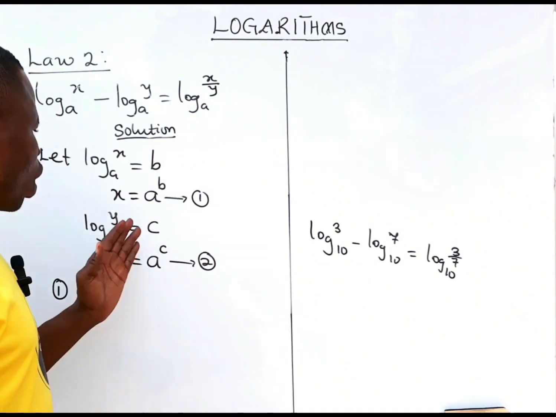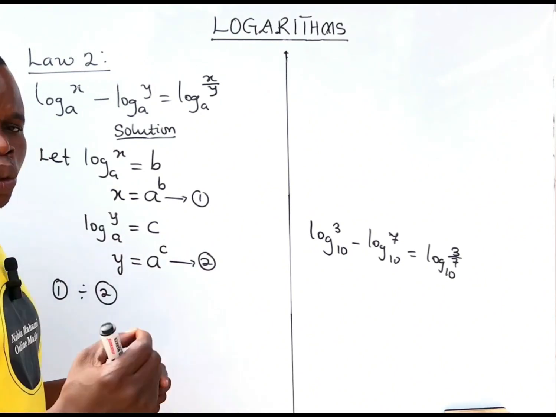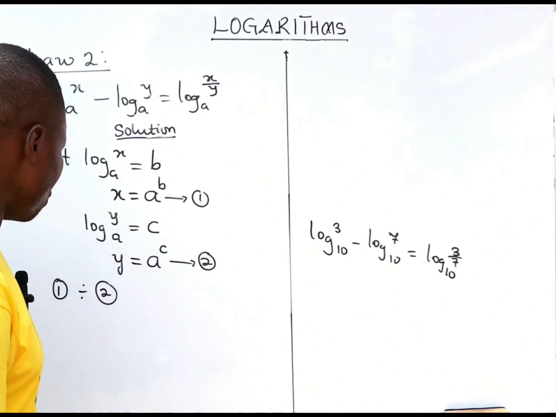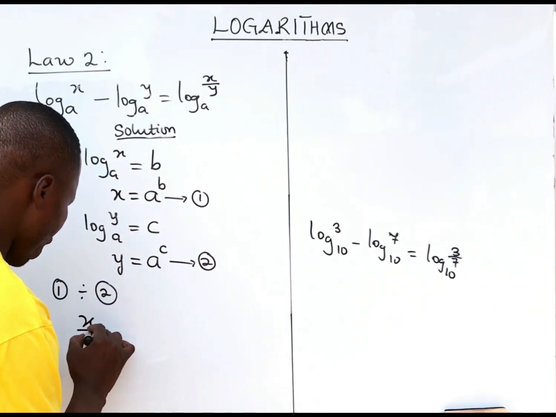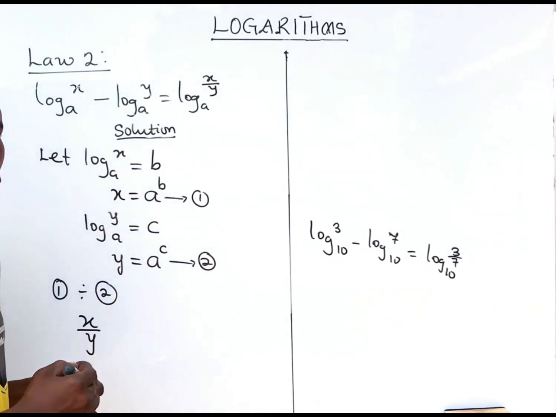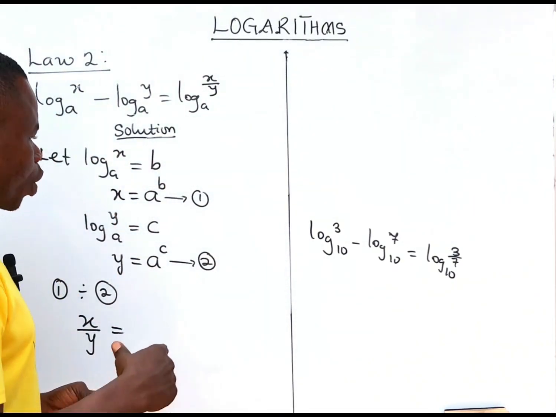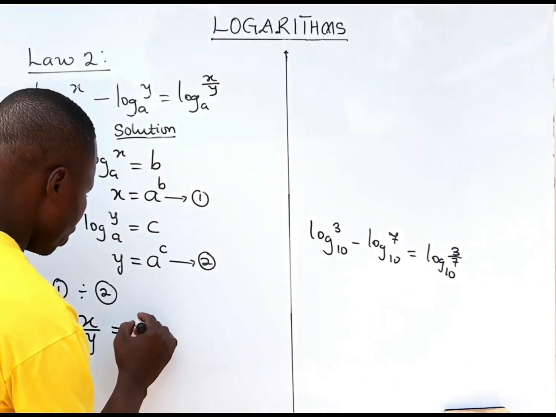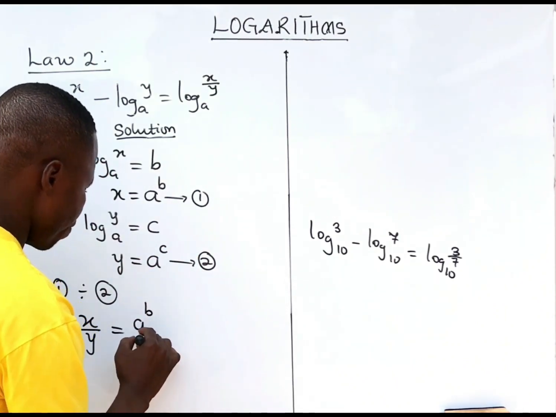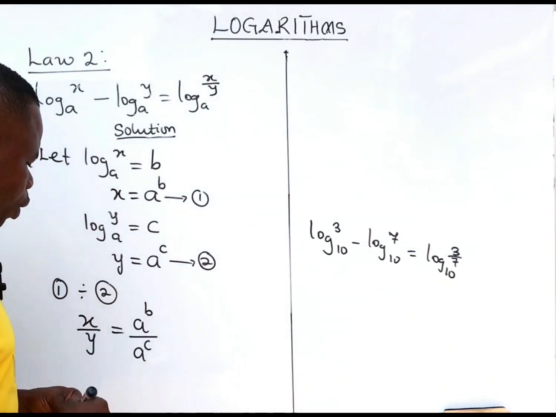This means that what you have in the left hand side in equation 1, use it and divide by what you have in the left hand side of equation 2. In equation 1, we have x over y in equation 2. And this will be equal to what is in the right hand side of equation 1 divided by what is in the right hand side of equation 2. And this will be a to the power b over a to the power of c.